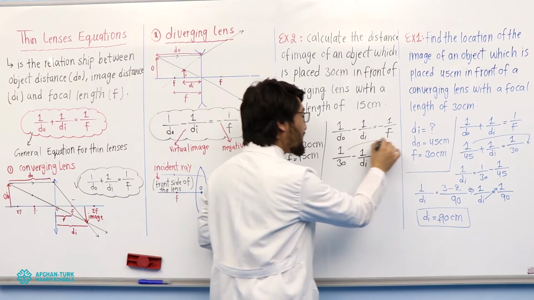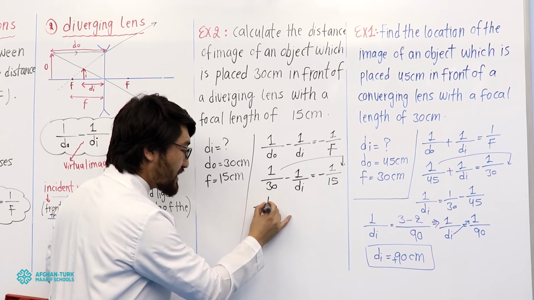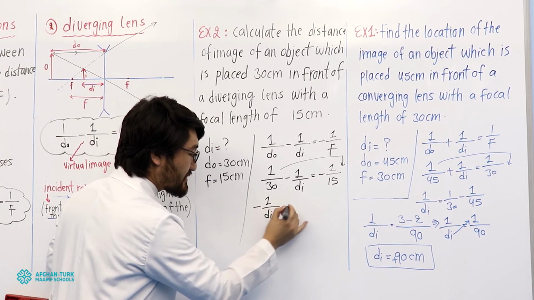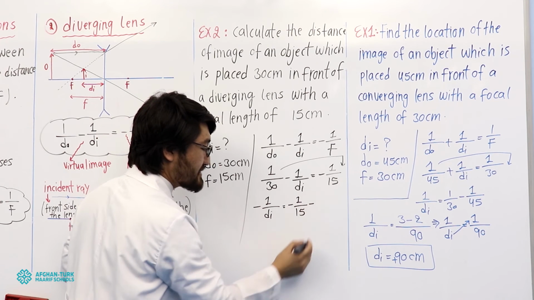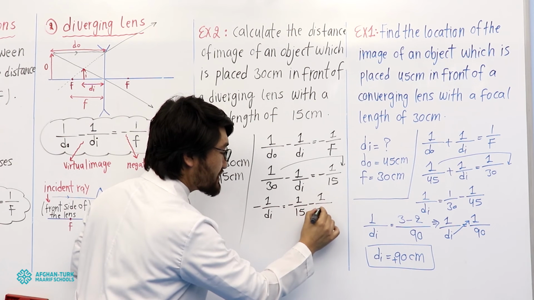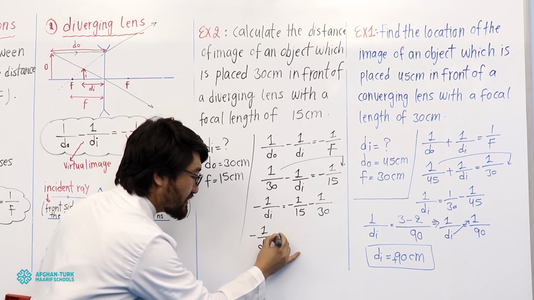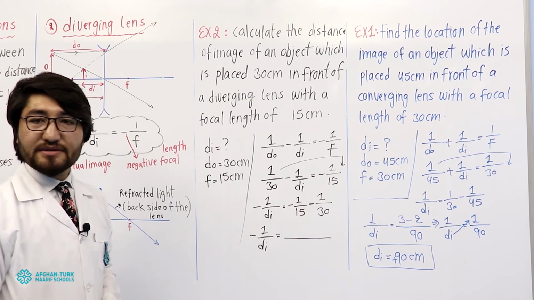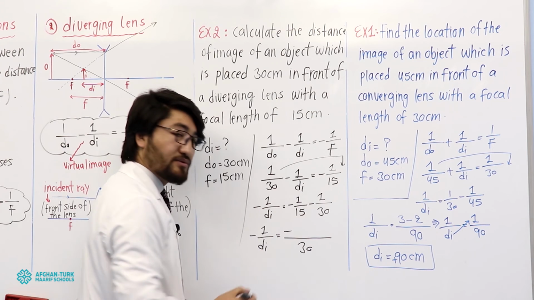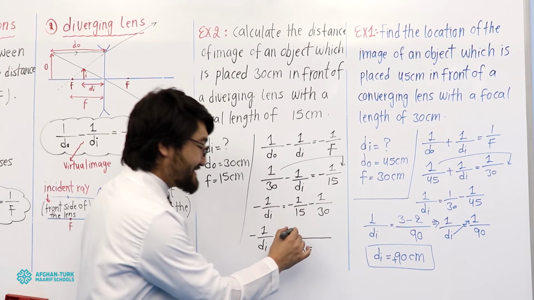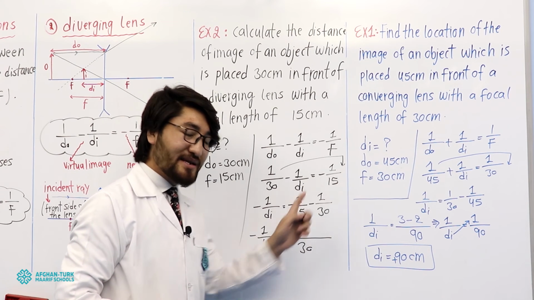Okay, I bring 1 over 30 to the other side of the equation. Minus 1 over DI is equal to minus 1 over 15 minus 1 over 30. What is the LCM of these two numbers? 30. 30 divided by 15 is 2, 2 times 1 is 2, minus 30 divided by 30 is 1, 1 times 1 is 1.